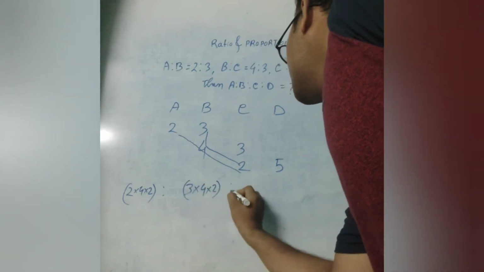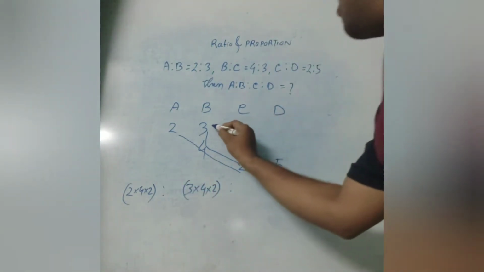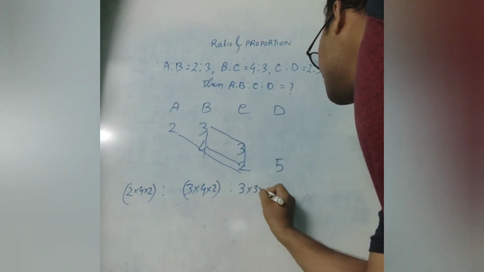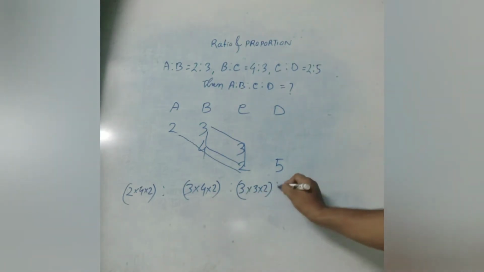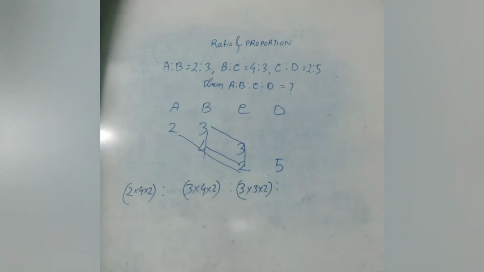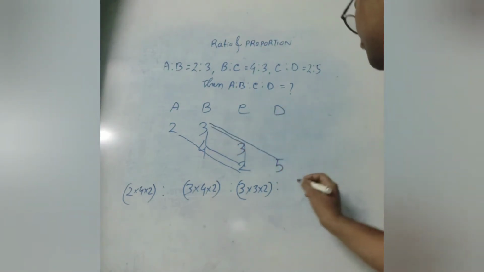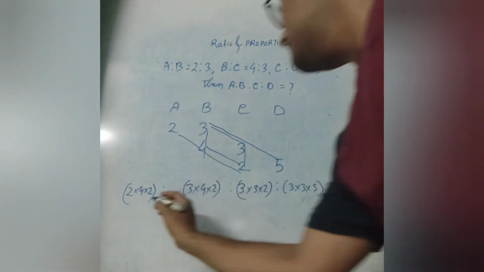C is 3, 3, 2. And the last one, D, is 3, 3, 5. This is the easy trick.